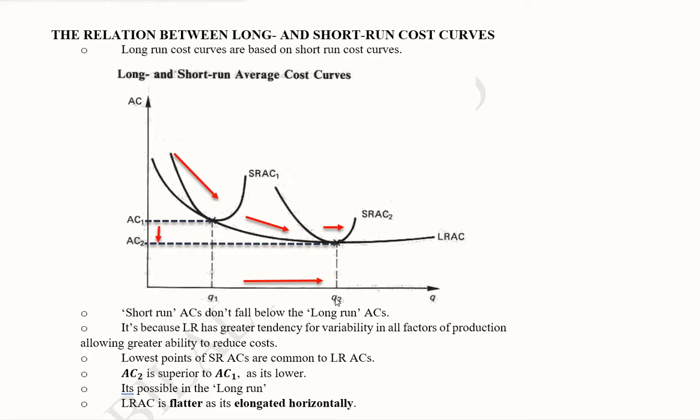But when there was another time period, then the output was allowed to increase, and due to that the average cost declined from AC1 to AC2.